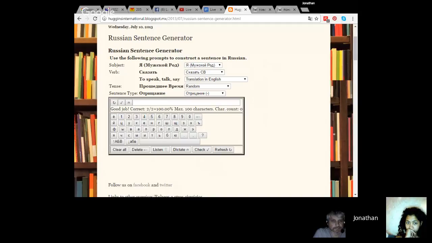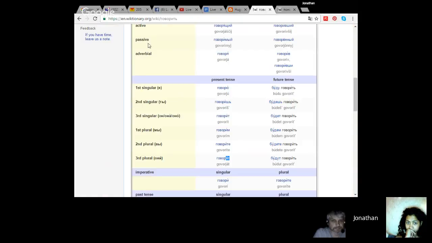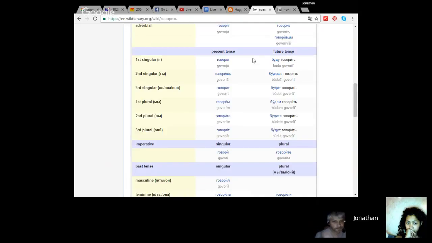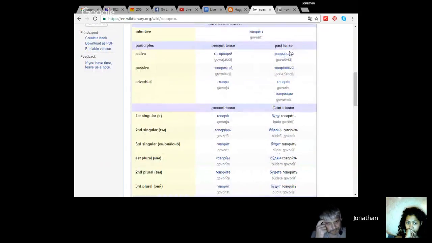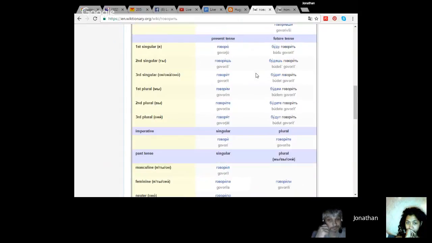And in addition to these conjugations that you can practice with here, I would again recommend looking at the Wiktionary page. So wiktionary.org, and you can put the infinitive of a verb in here, like for example, govorit, and it can show me the present tense, the future tense, the past tense. No, sorry, those are participles.